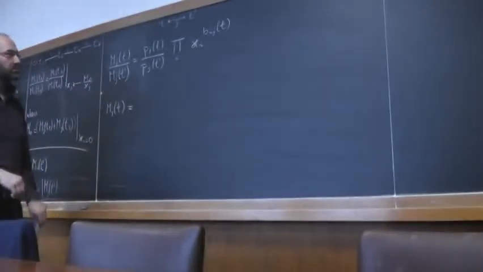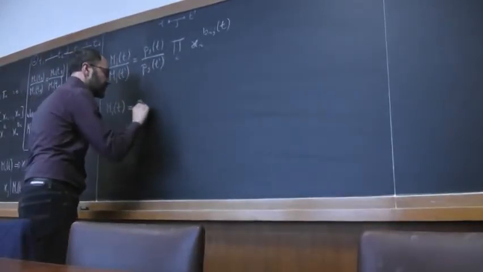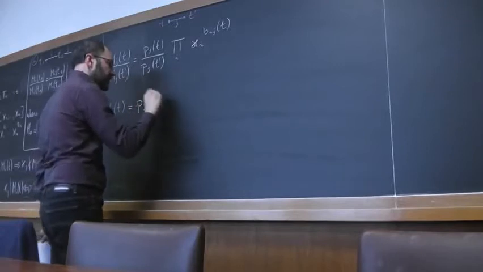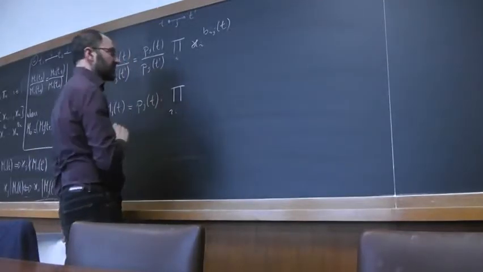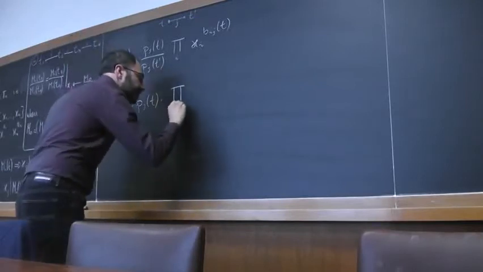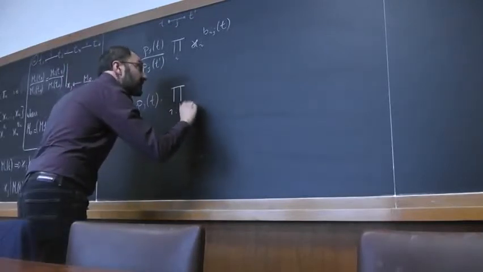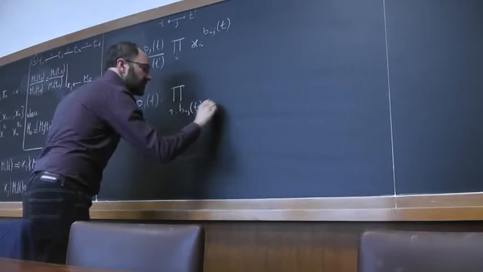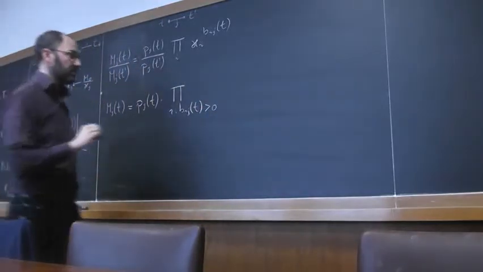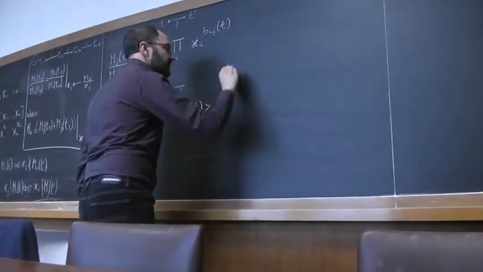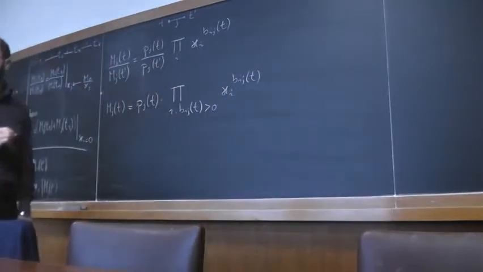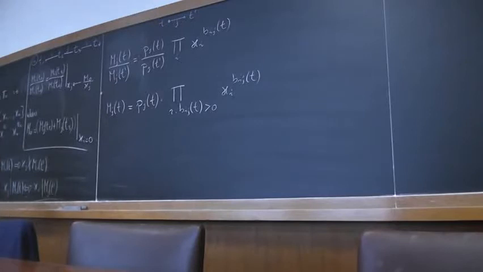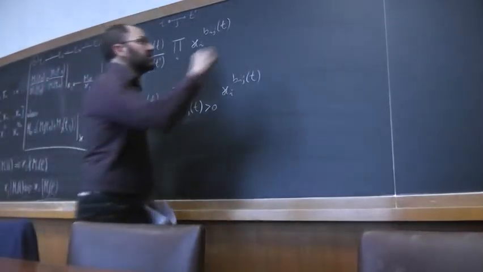We just know the quotient of these two, so this will be b_{j,t} times the product over all i such that b_{ij,t} is positive of xi to the b_{ij,t}. Okay? These are two monomials. These b_{ij,t} are integers.